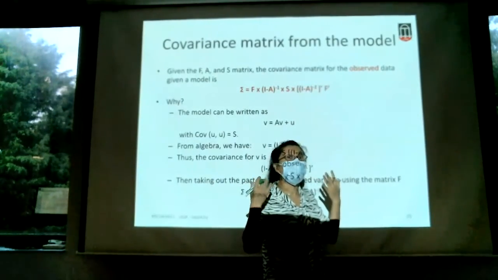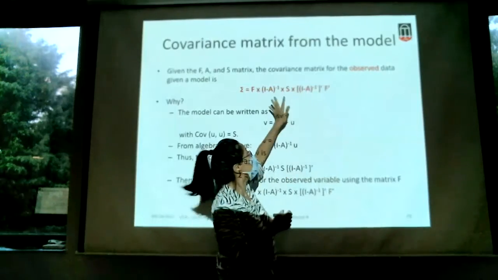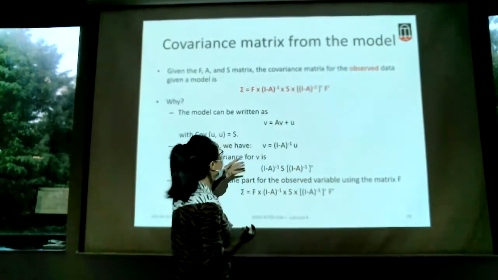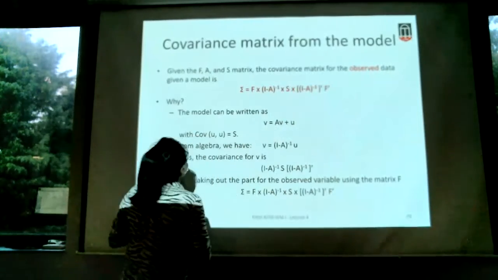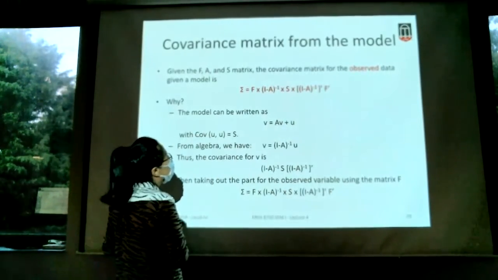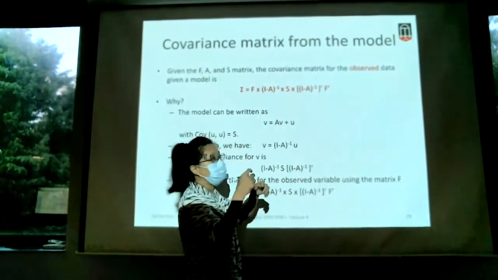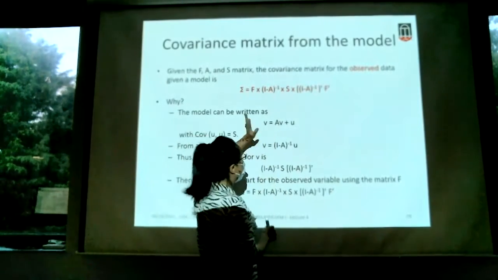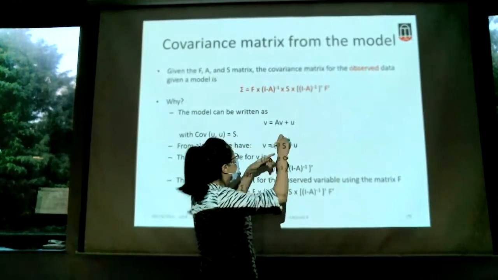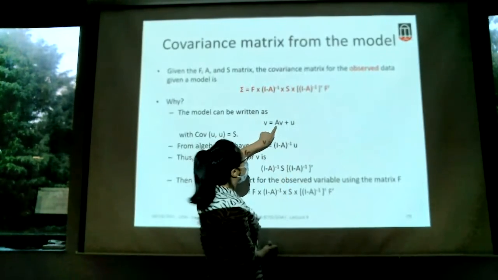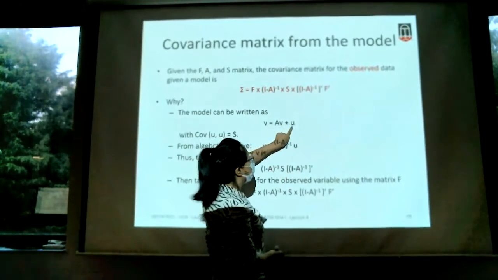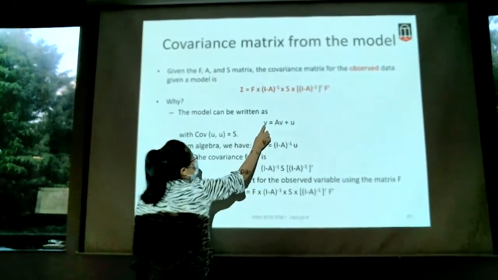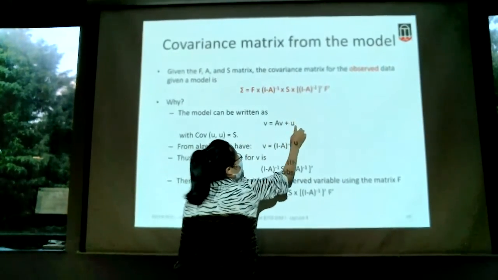But why? If you want to dig deeper into why we have this matrix, it starts from the model equation. If you have all V variables, we have the V vector, a single-headed arrow times V, and the residual part.